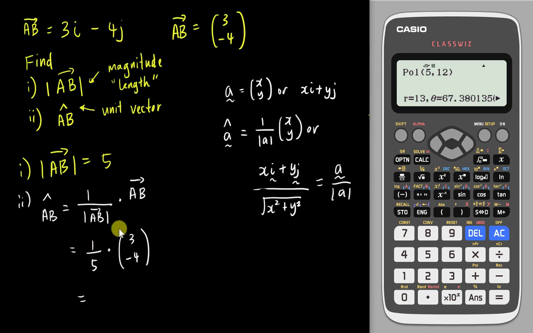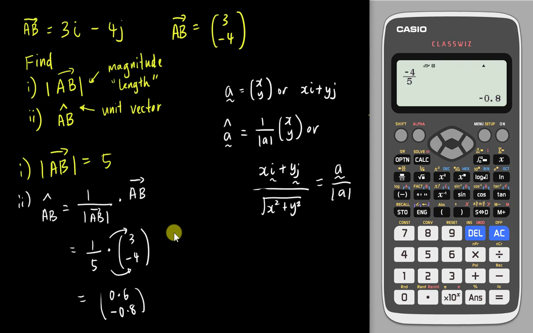If I multiply 1 over 5 by 3, I will get 3 over 5, which is 0.6. And then if I multiply 1 over 5 by negative 4, I should get negative 0.8. So this will be my unit vector.